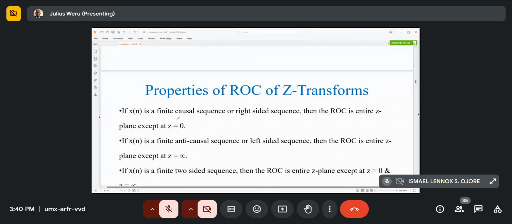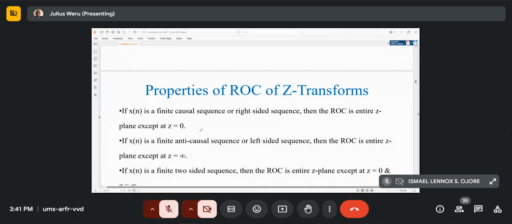If x[n] is a finite causal sequence, a right-sided sequence but finite, then the ROC is the entire plane except at z equal to 0.